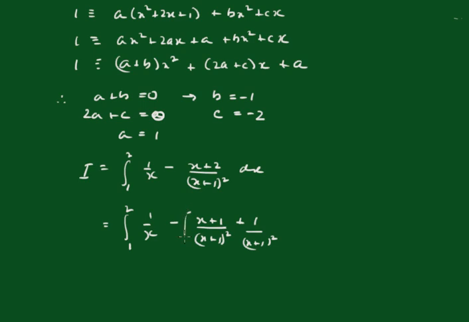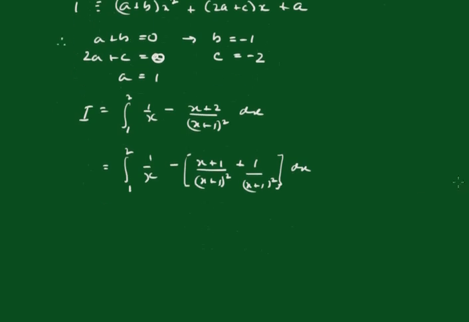Remember, all this negative is applied to the lot. So that now becomes 1 on x minus 1 on x plus 1 minus (x plus 1) to the -2 dx.